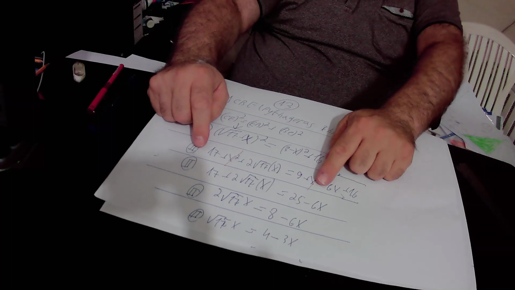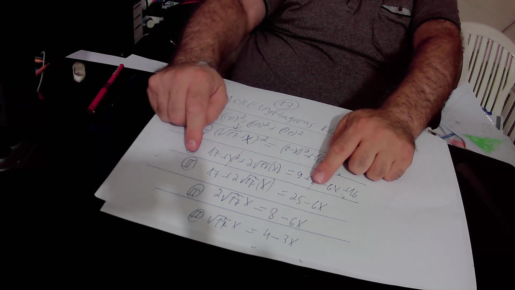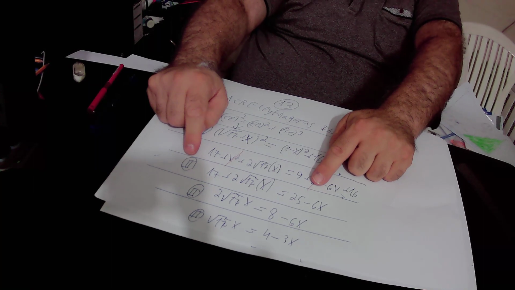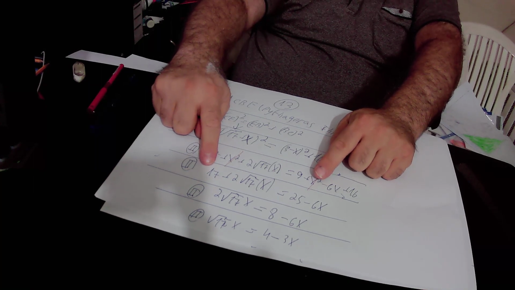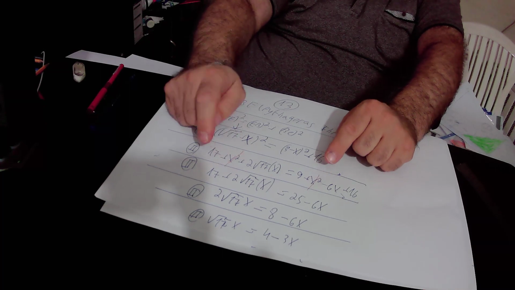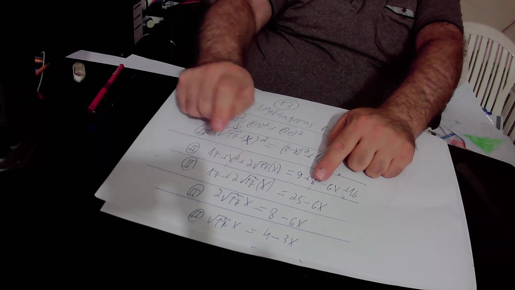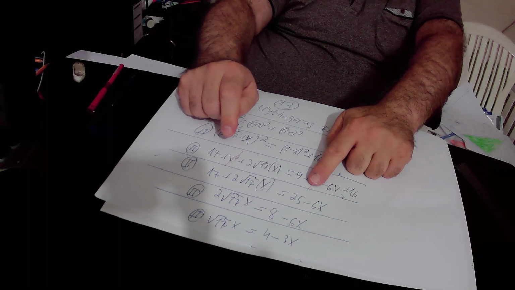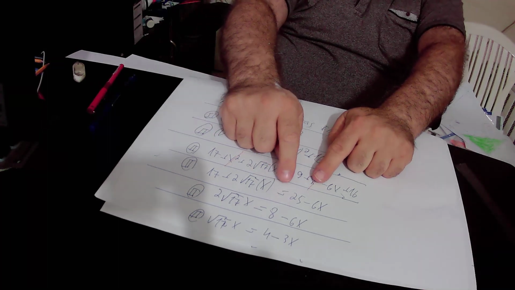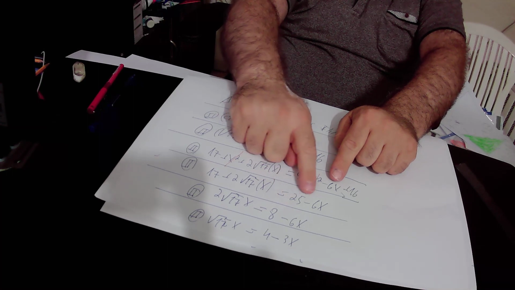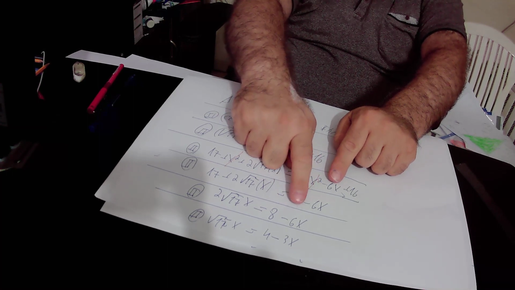So here we subtracted 17 from equation number 2. 17 minus 17 is 0, so what is left on this side of equation number 2 is 2 times square root of 17x, and 25 minus 17 is 8. So here we got 8, and what is left here is minus 6x, so we copy it here.